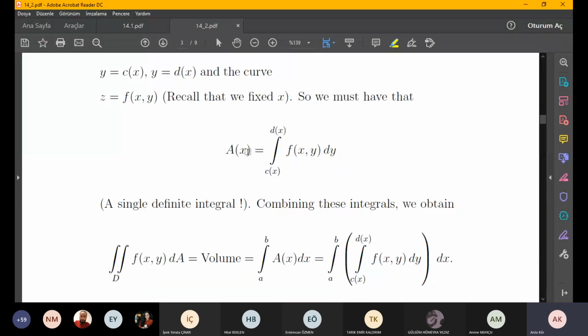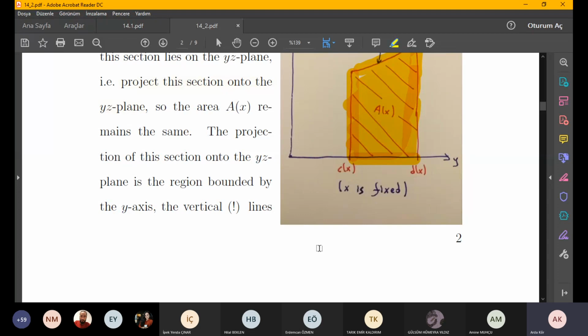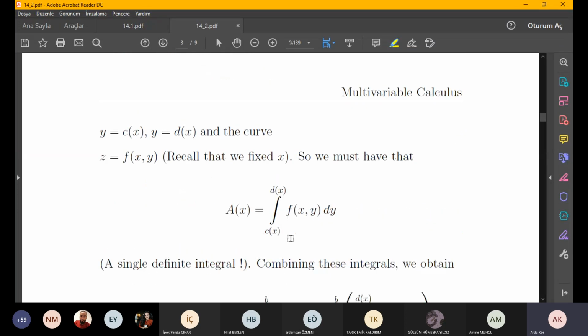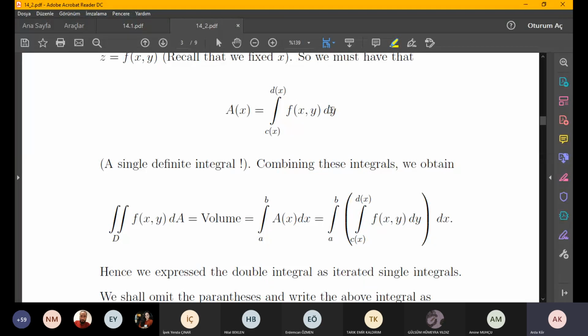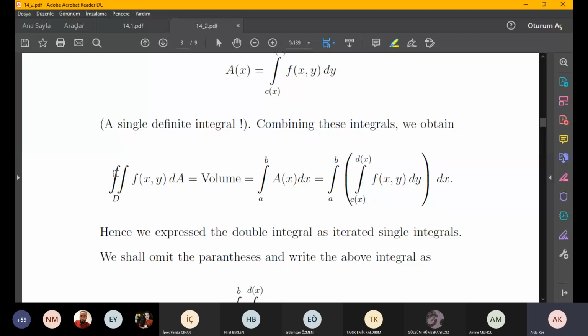And if we try to write A(x) as a definite integral, then that will be the integral of f(x,y) dy from c(x) to d(x), and combining these integrals, so to get the volume, we obtain the integral from a to b of this A(x) dx.